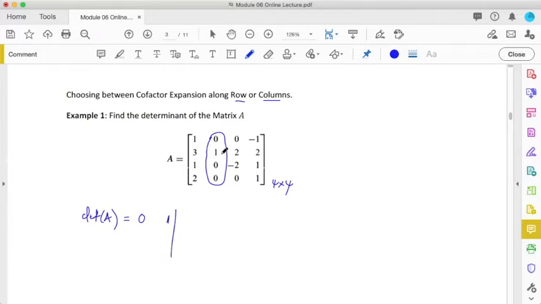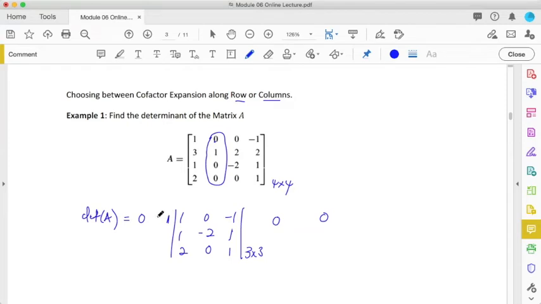If you cover column 2 and row 2, you will get this 3 by 3 matrix. For the coefficient 0, you will get 0, and also for the other coefficient 0, you get 0. So it saves your time to do your calculations if you have a lot of zeros.